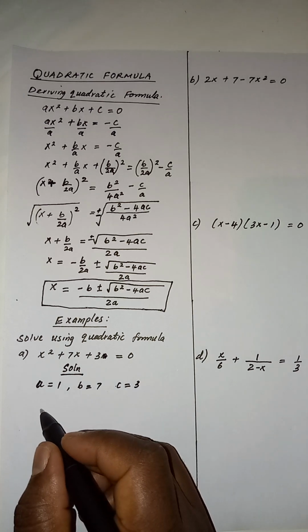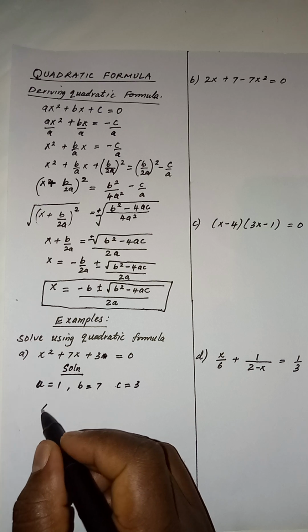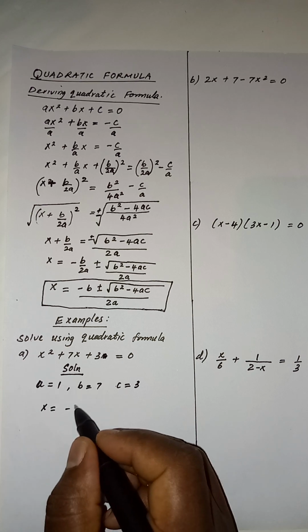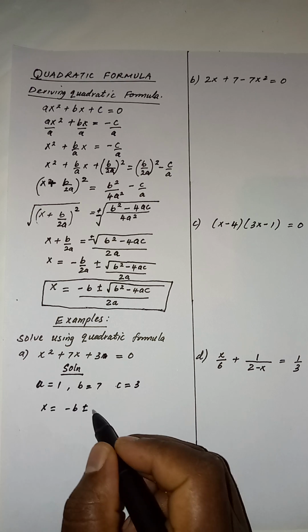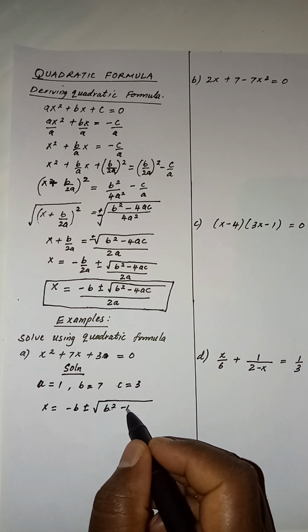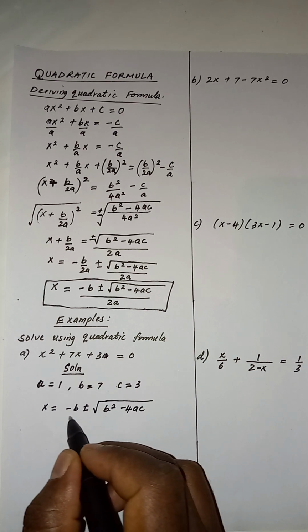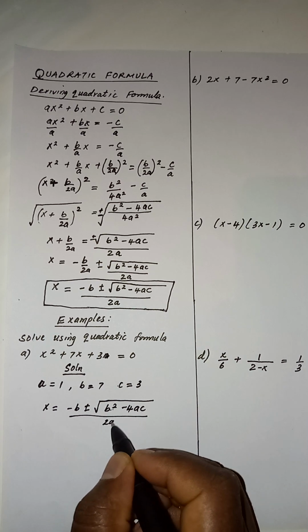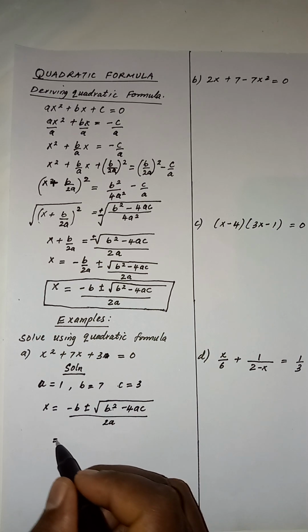So we can write the quadratic formula: x is equal to minus b plus or minus the square root of b squared minus 4ac all over 2a. Now we can substitute the values.